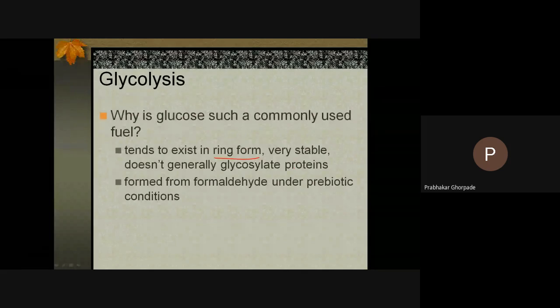If glucose, as a predominant source of energy, were combining with proteins and glycosylating them, the protein function may get hampered. That is why we use the glucose molecule, a stable ring form, as energy.